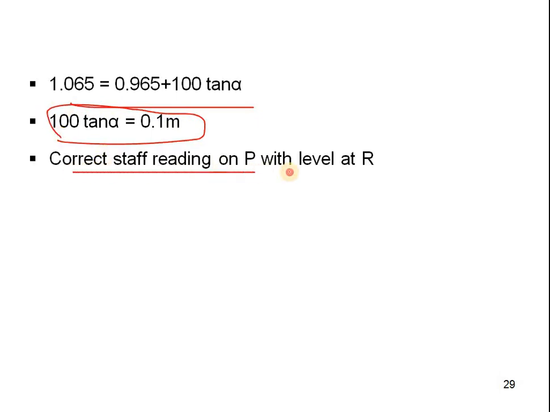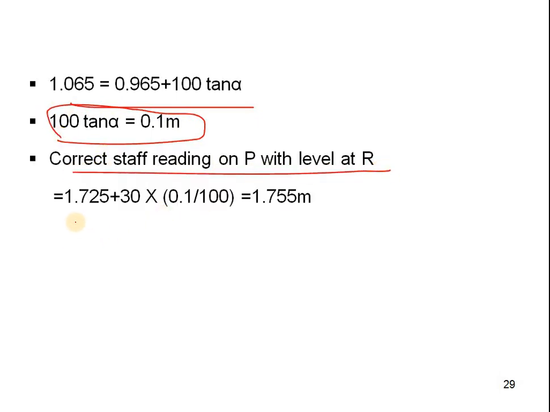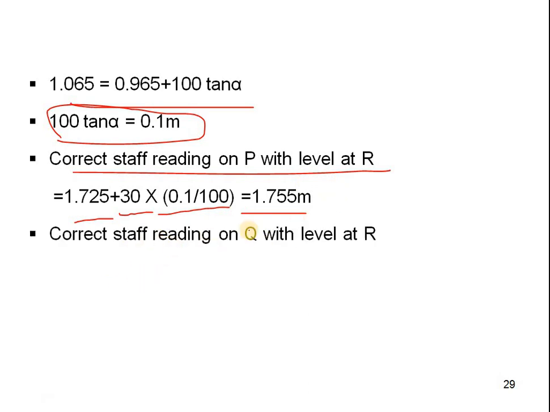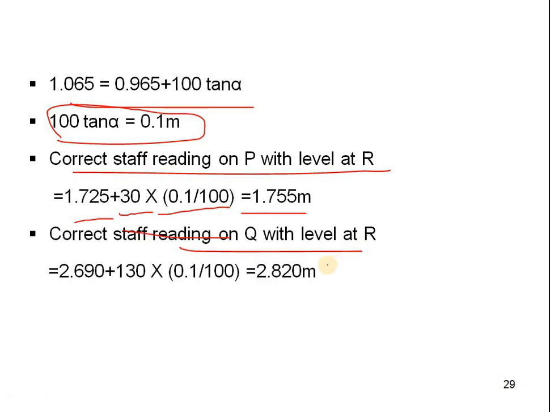The correct staff reading on P with level at R is 1.725 plus 30 into brackets 0.1 by 100, equal to 1.755 meters. Next, the correct staff reading on Q with level at R is equal to 2.690 plus 130 into 0.10 by 100, equal to 2.820.